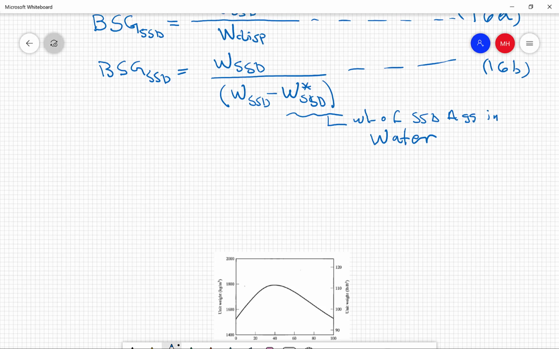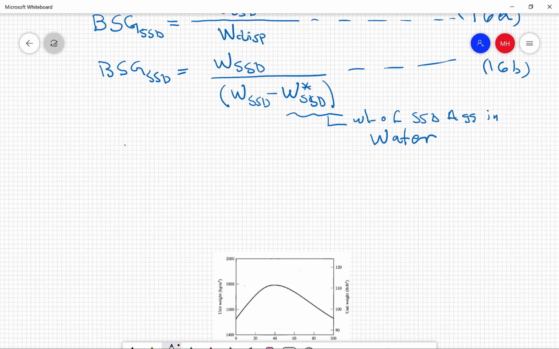So equation 16b can be rearranged to obtain the WSSD in terms of two known quantities, which is the bulk specific gravity SSD and the weight of SSD aggregate in water. So let's rewrite it.